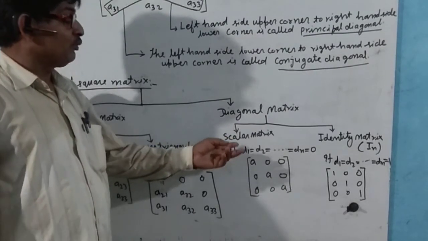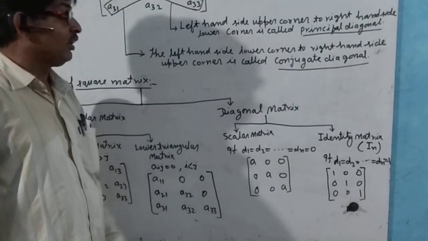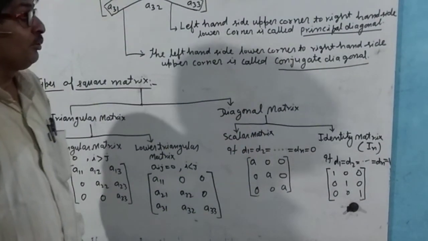Diagonal matrix: one is the scalar matrix and the other is the identity matrix.